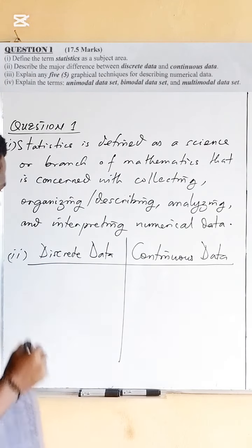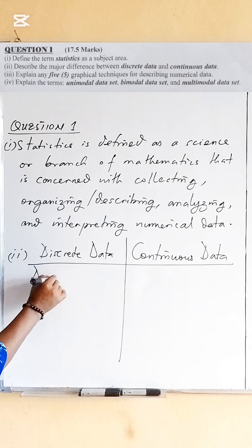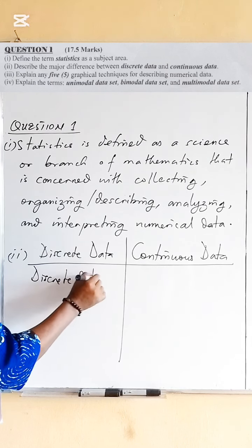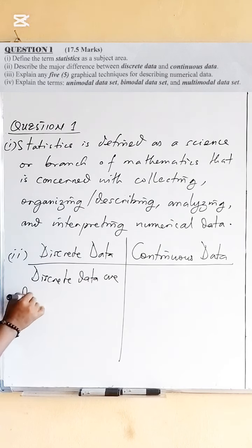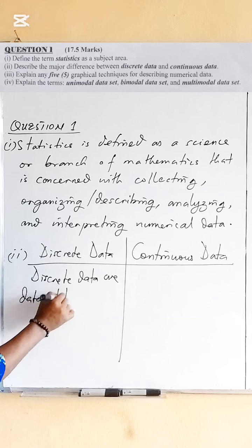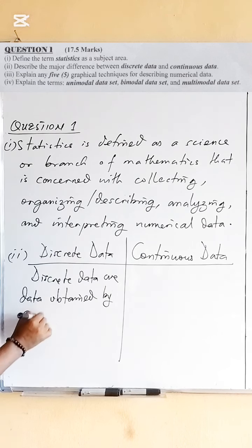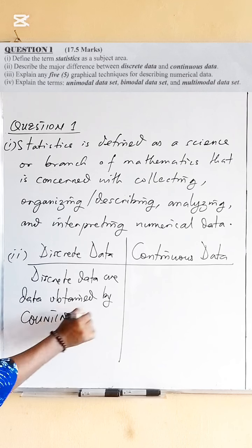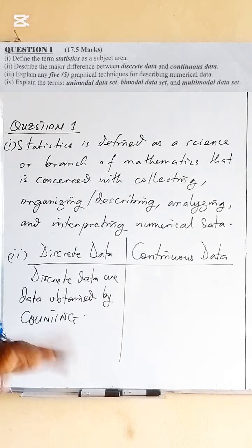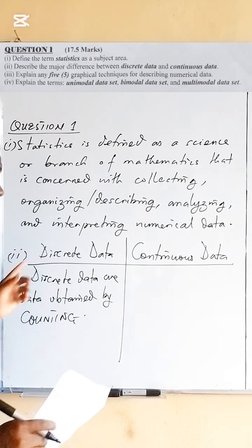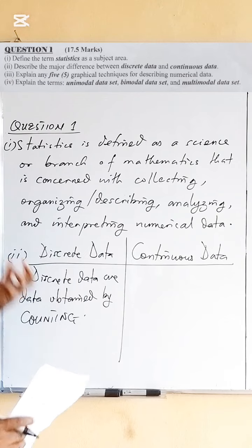The major difference: discrete data are data obtained by counting. So you can see I'm putting that in uppercase letters. What makes discrete data different from continuous data is the fact that discrete data is obtained by counting.